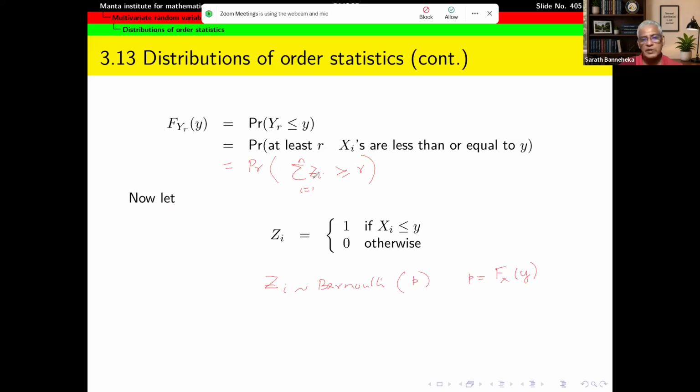The Zi's are based on Xi's, which are independent. Therefore, the sum of Zi, i from 1 to n, has a binomial distribution with n and this p. So we know the distribution of this quantity, and therefore we can get an expression for the probability that the sum of Zi is greater than or equal to r. So that's what I have done.